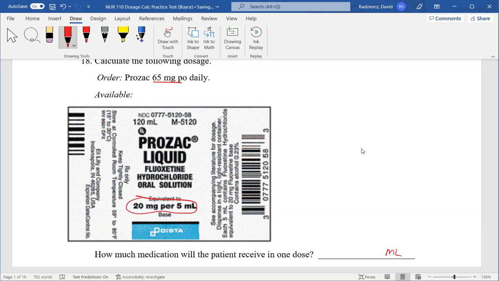Again, I go through and I'm looking at the label, and the strength is typically highlighted, bold, and it's usually easy to find. There's clear space around it. You don't have to find it through all this writing. You'll see that in a moment when we get to the reconstitution problems.